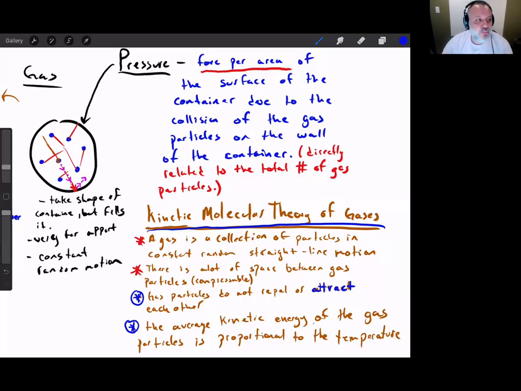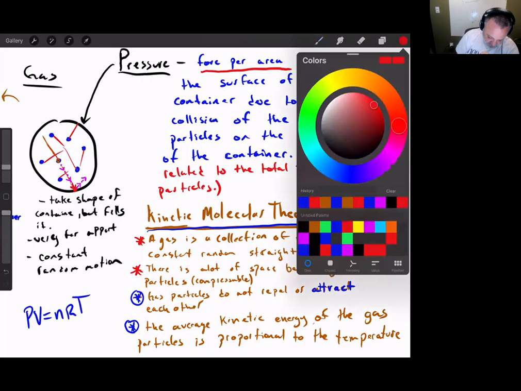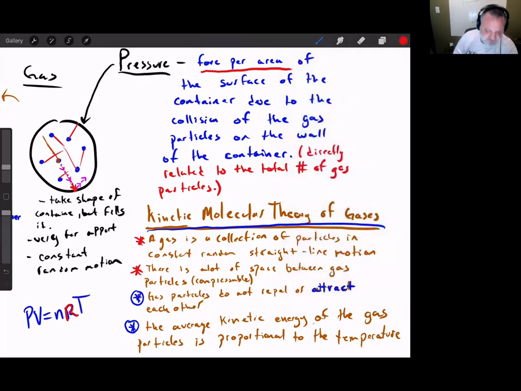In this class, we don't even use the ideal gas law, so I'm not going to spend too much time on it, but the formula is PV equals nRT. P is pressure, V is volume, n is the number of particles, and T is the temperature. R is a constant, called the gas constant. We're never going to use this formula, so you don't have to memorize it.